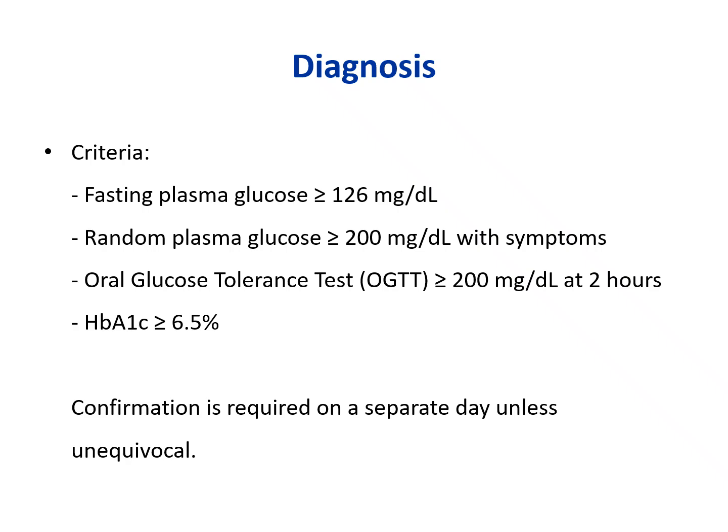And if we are testing random plasma glucose, where we don't know when the patient had food and at what time, we test randomly and want to know the blood glucose level of the individual.